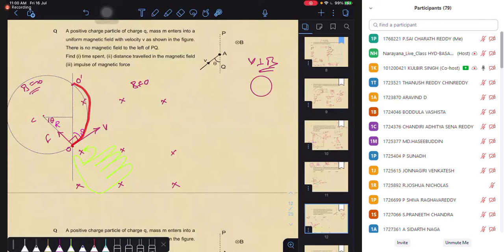All the remaining is not going to be a circle. Only this is a circle, and then it comes out from this side. Can you see that? It comes out. So it's making a circle, and when it is moving in a circle, at the center it is not making a full circle. It's making a part of the circle. And how much angle is it making here? 2 theta is the only angle made.